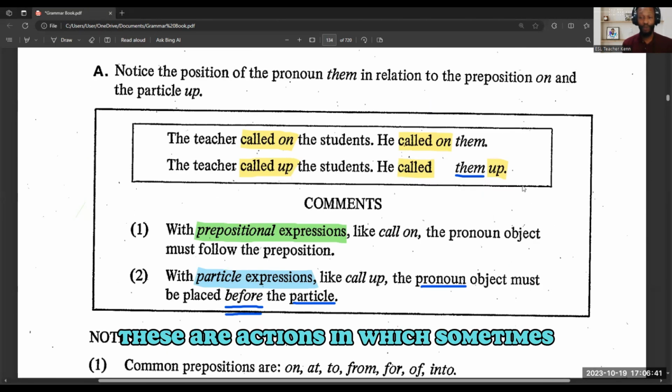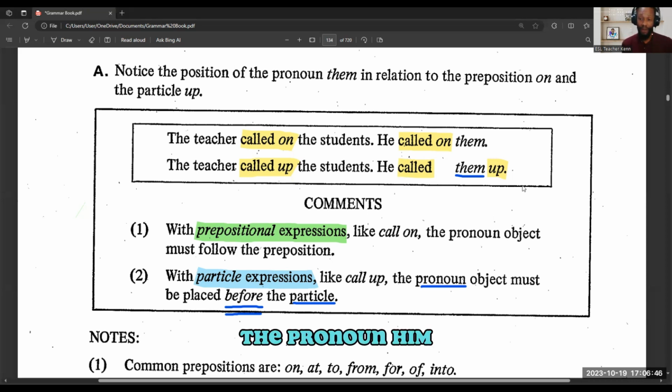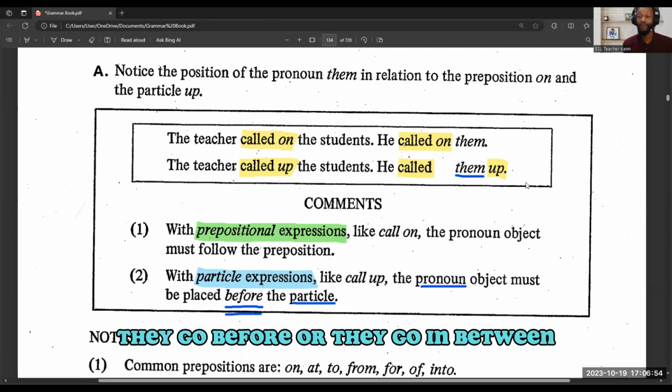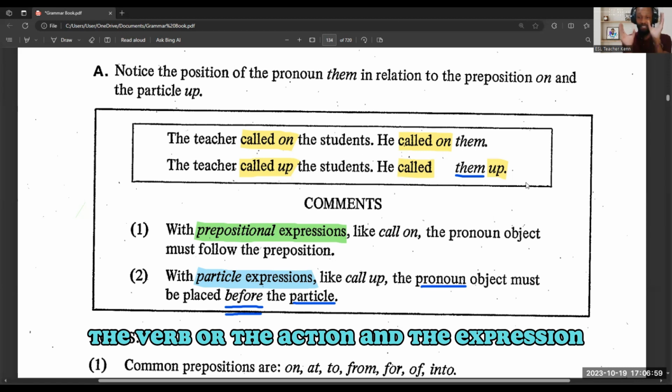These are actions in which, in some cases, the pronoun, him, her, them, you, those, goes in between the verb and the expression.